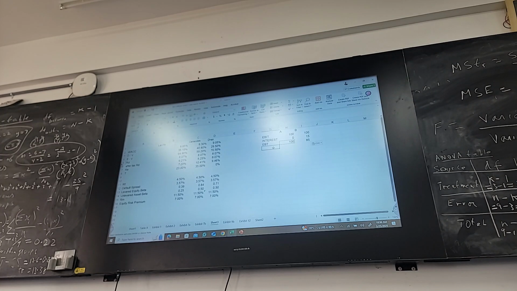Therefore, what would be the income tax expense? It would be 23% on 100 versus 23% on 85. So you have 3.45 less in your taxes because of the use of debt financing.